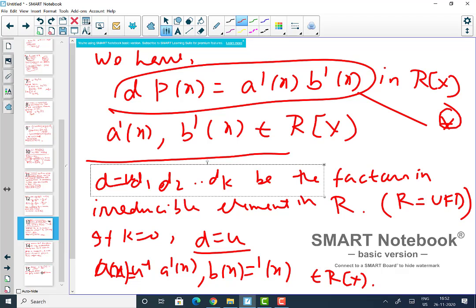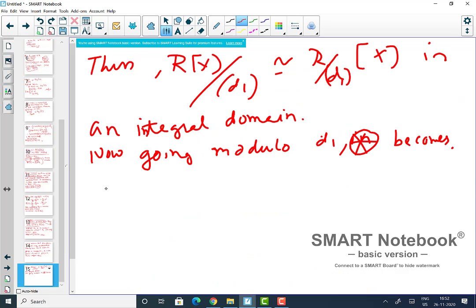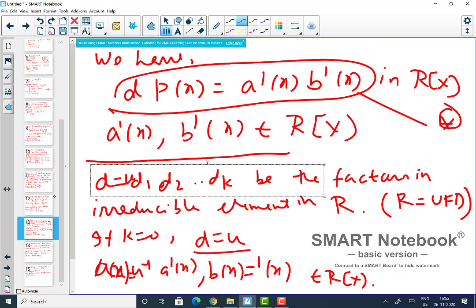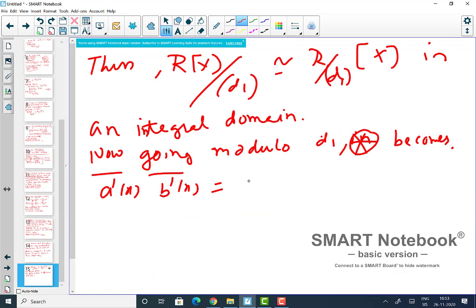Star becomes a dash x bar, b dash x bar, that will be, see, in the left hand side you have D, right? And you know that inside D you have D1, so if you go modulo D1, that becomes 0, so this becomes 0 in R mod D1, okay, which is an integral domain, right?